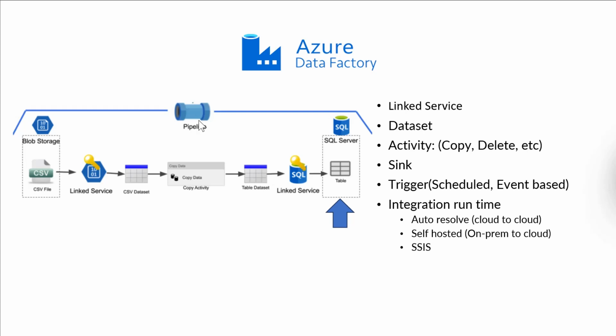So in a pipeline, you can delete data first, then have multiple copy activities, and then at the end, load data somewhere else. So when you want to orchestrate different activities, you can create a pipeline. But if your requirement is only a simple copy or a simple delete, you can just use activity. Let's get back to our requirement and start implementing that.